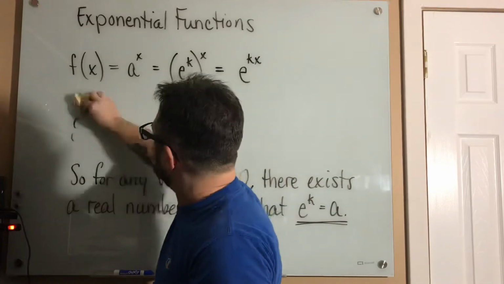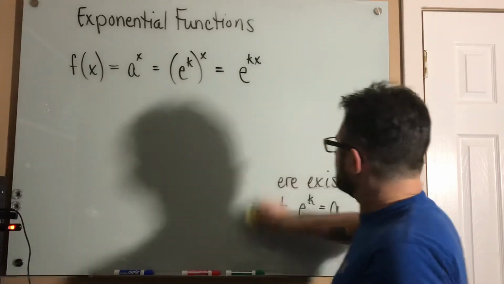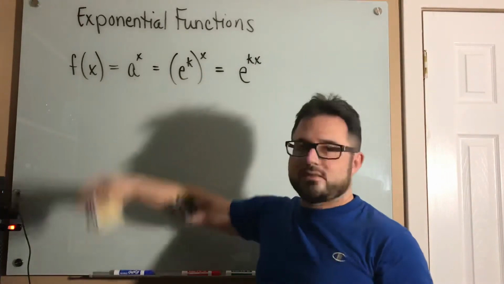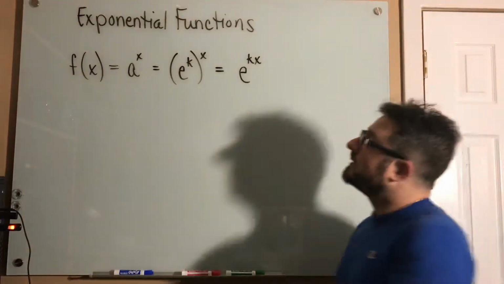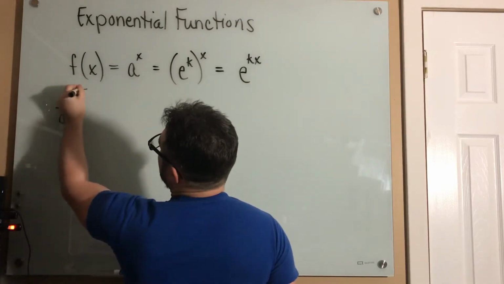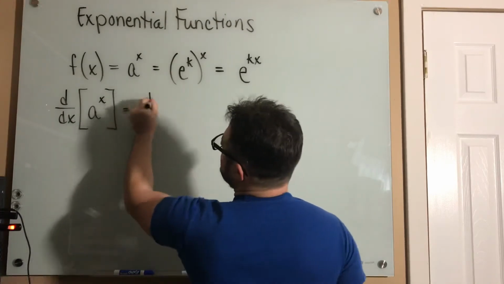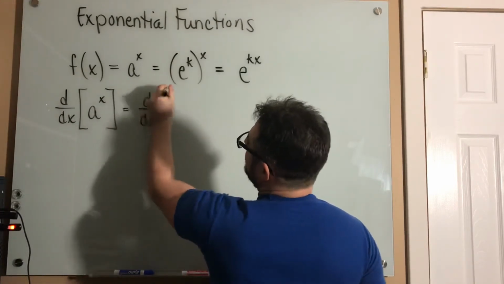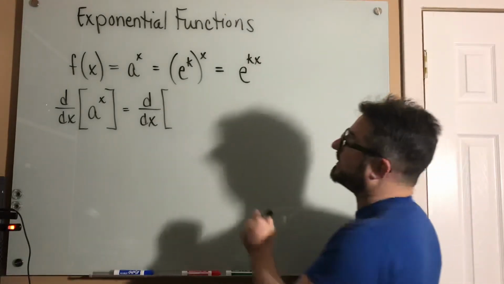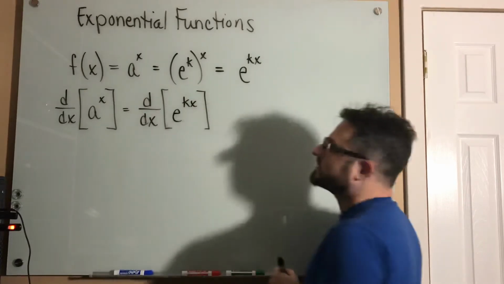So that's the key here, that for any base of an exponential function that we could possibly have, there is some power of e that is equivalent to it. So therefore, the derivative of a to the x, since we don't know how to do that, we will instead use e to the kx, an equivalent form that is better suited to what we're going to do.